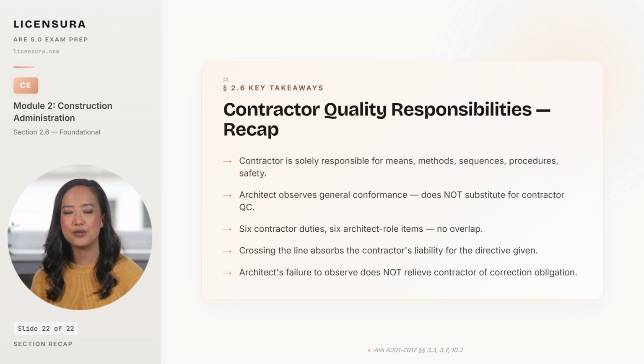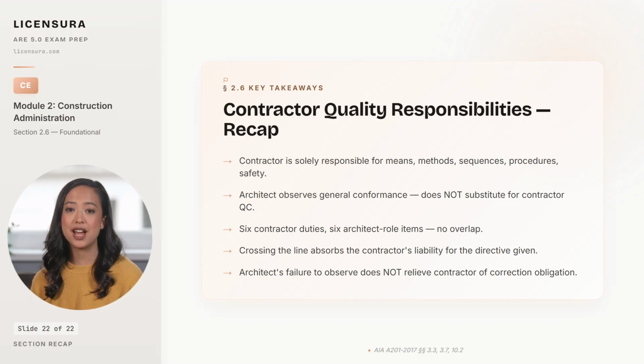The architect observes general conformance with the contract documents during site visits, and that observation never substitutes for the contractor's own quality control program. 6 contractor duties and 6 architect role items with no overlap between the columns, and the exam will put architects in the contractor's column and contractors in the architect's column as wrong answer traps.